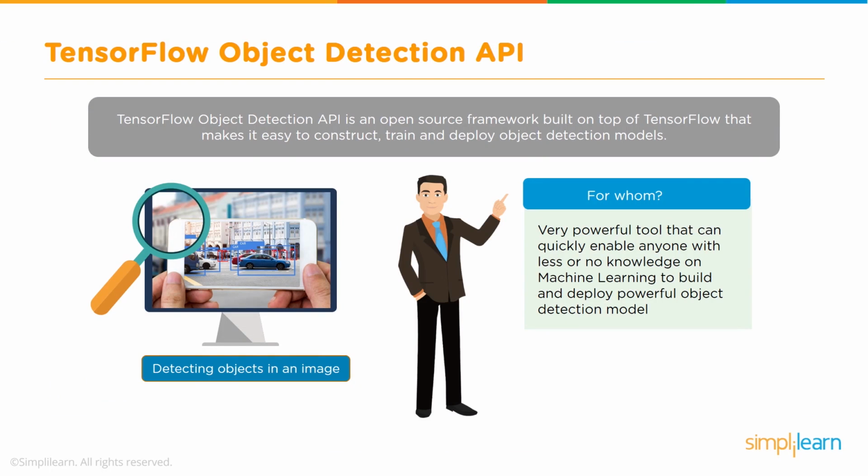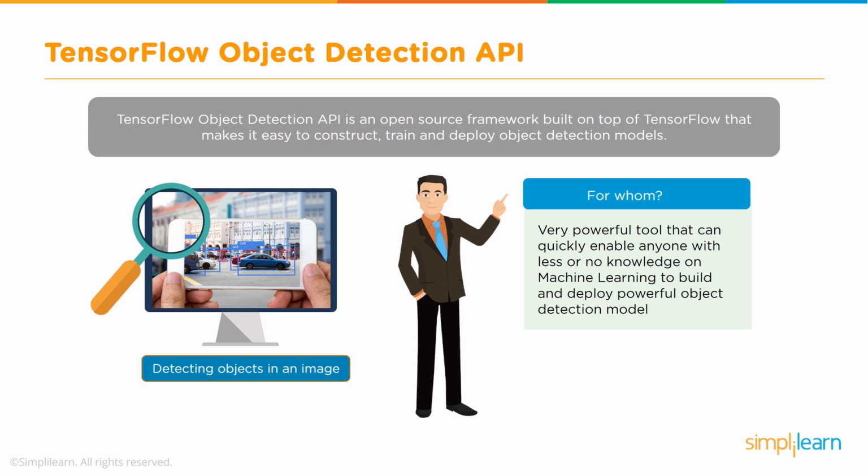Alright, so what is the TensorFlow object detection API? It is an open source framework provided by the TensorFlow team, and there are trained models available, and the sample code is also available which we can use in order to easily detect objects in images and videos.